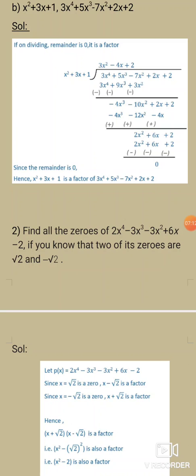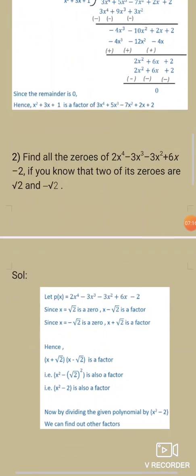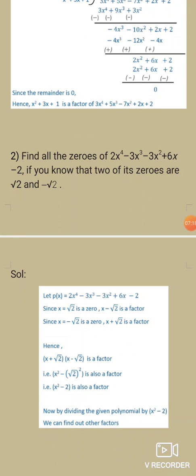Since it is a fourth degree polynomial, it has 4 zeros. So 2 of the zeros are given. We need to find 2 more zeros. For that, by dividing the given polynomial by x square minus 2, we can find the other factors. So the given polynomial 2x^4 - 3x^3 - 3x^2 + 6x - 2 we need to divide by x square minus 2.